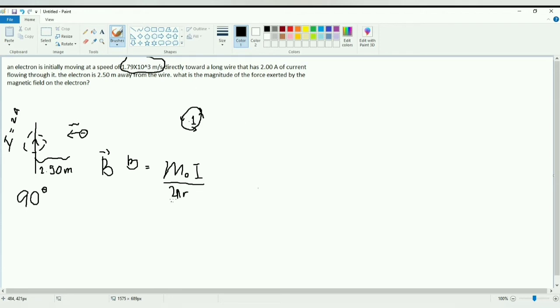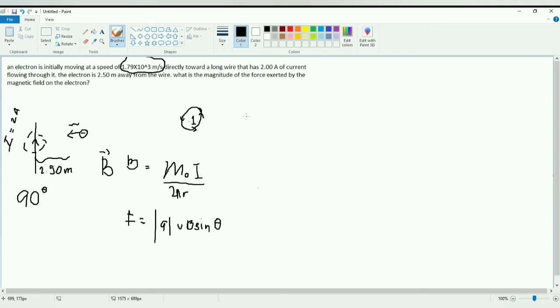To get the numerical value, we have F equals the absolute value of q v B sine theta, the force on a charge moving in a magnetic field. Remember, this is the first formula we learned. The magnitude is just the size of the force exerted by the magnetic field on the electron.